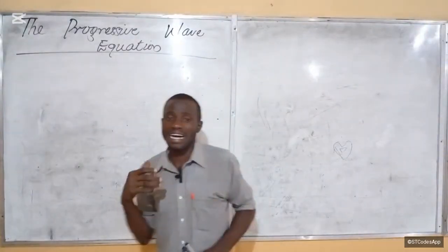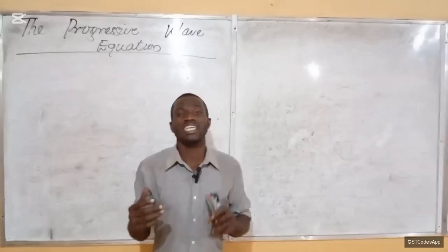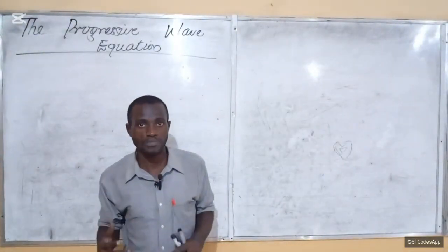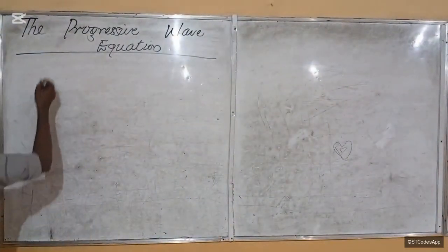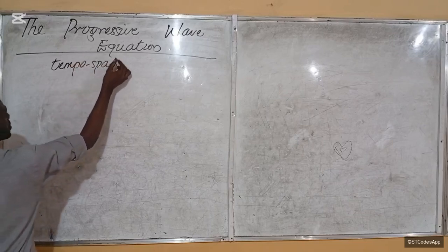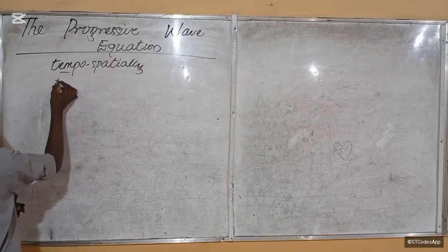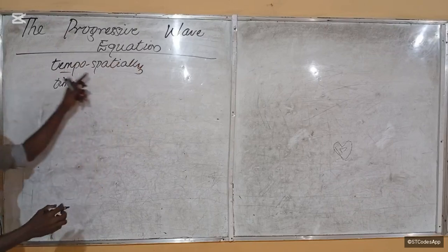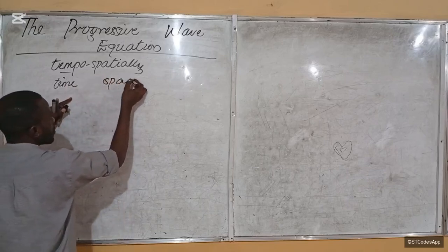Now, first, you have to understand that a wave is defined in terms of time and space. We say it is tempospatial. A wave is defined tempospatially. What does this mean? It means that a wave is defined in terms of time. The word tempo refers to time, and spatial refers to space.